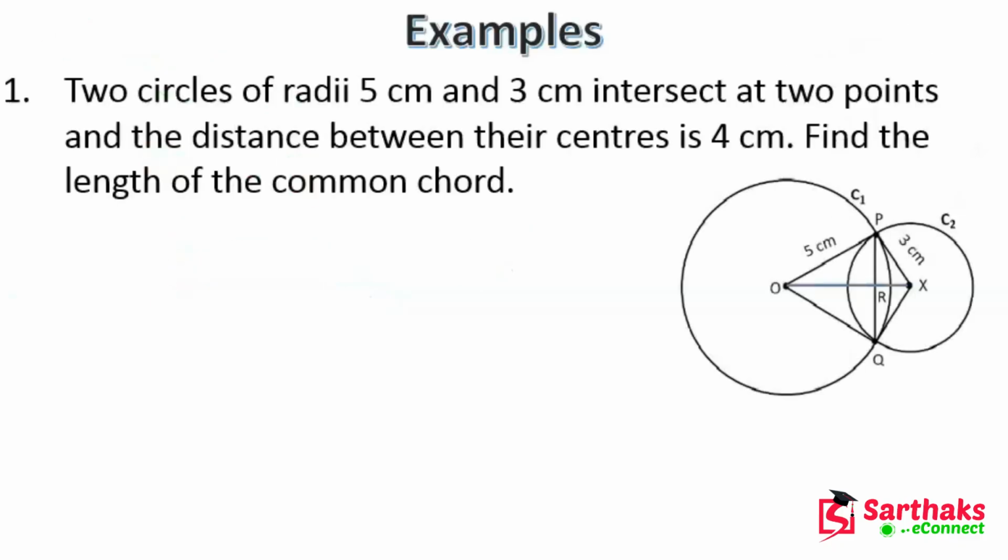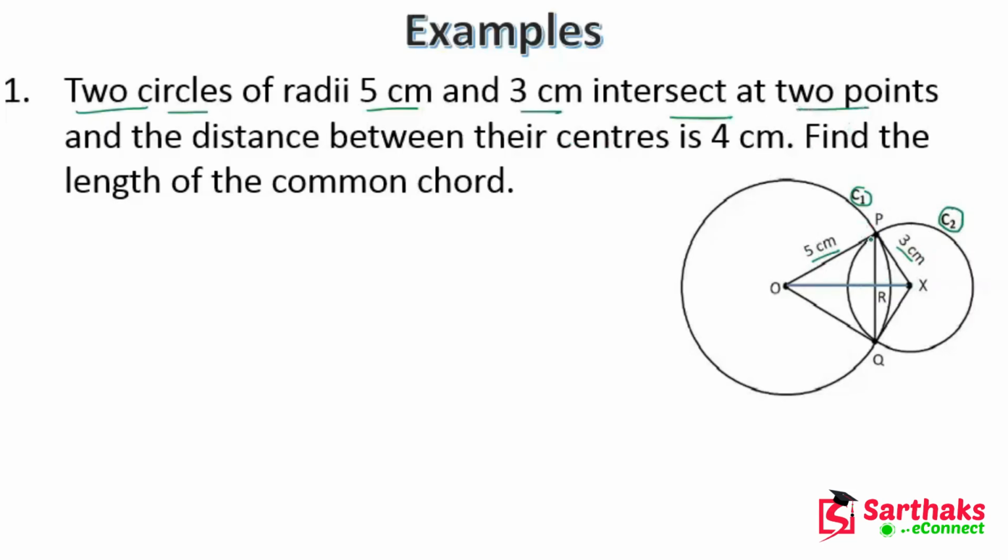Okay, now let's solve some problems. Yes, so question number 1 is: two circles of radii 5 cm and 3 cm. We have two circles, C1 and C2, and the radii of the circles are 5 cm and 3 cm.